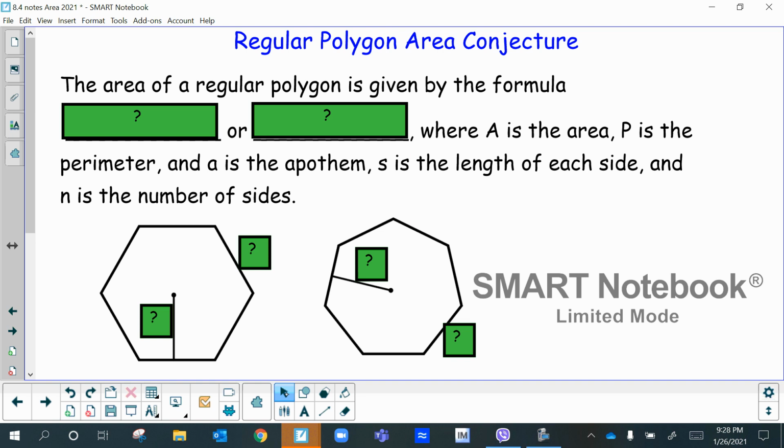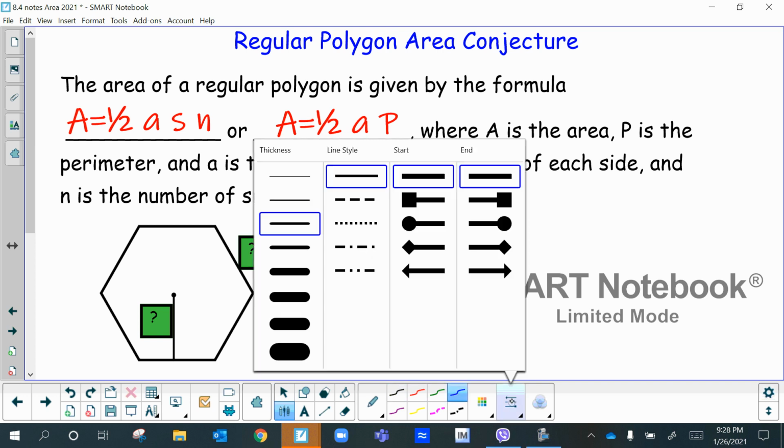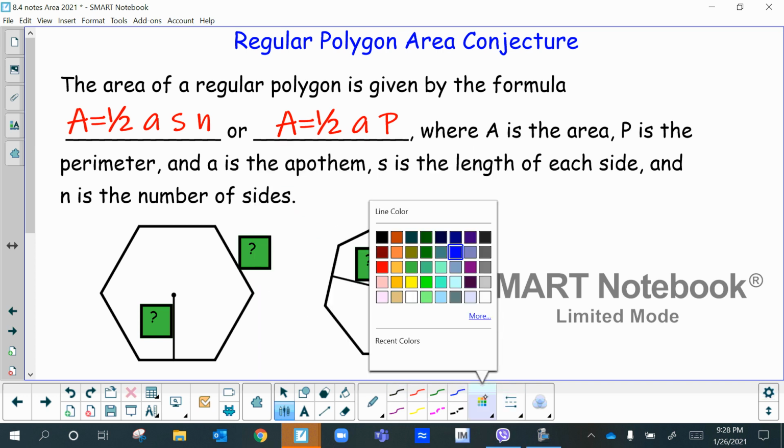So what is this area formula for a regular polygon? Here's your conjecture. The area of a regular polygon is given by the formula A equals 1/2 times little a times s times n, or A equals 1/2 apothem times perimeter. This one's a little bit shorter, so we are going to probably use that one mostly. However, it's the same thing.